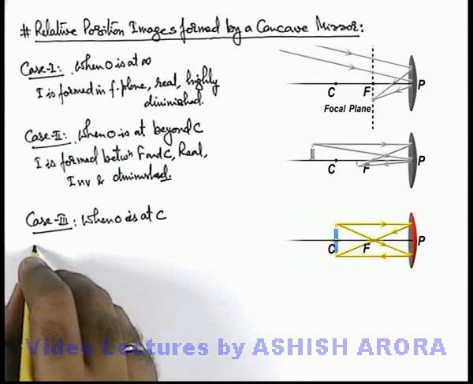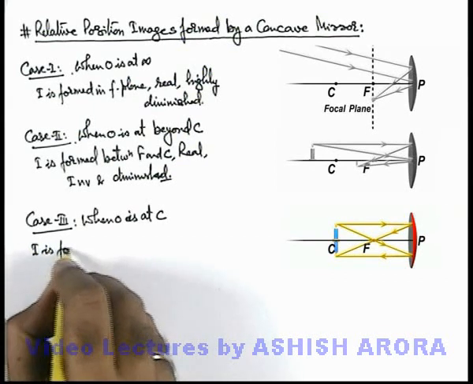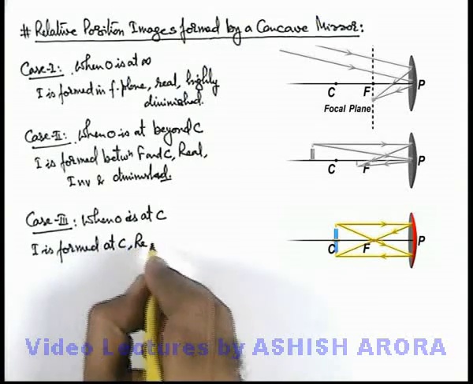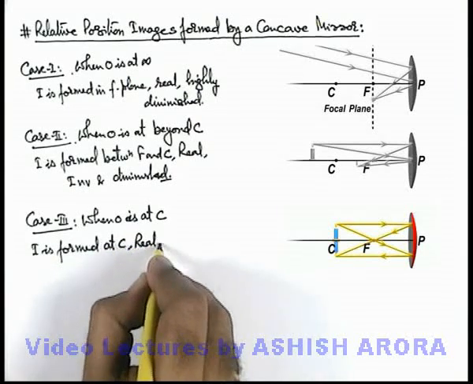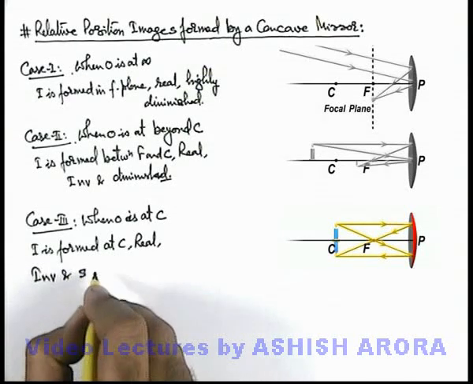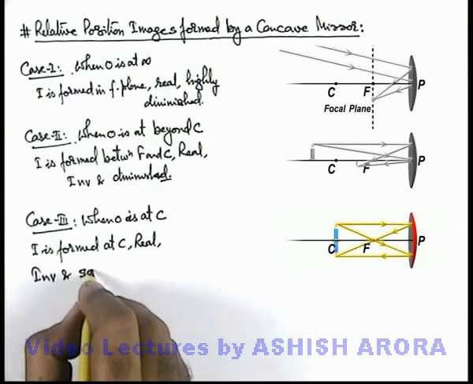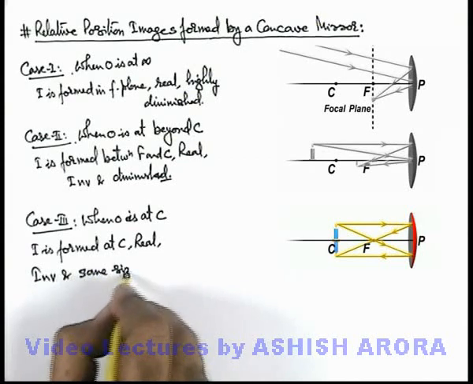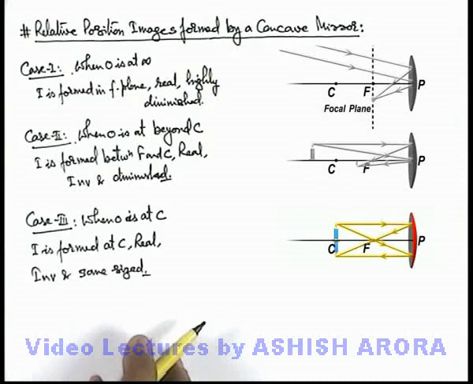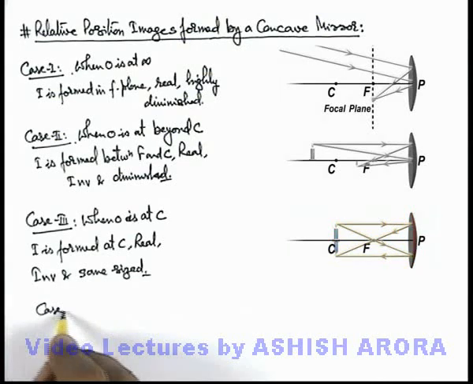So here we can write that the image is formed at C due to converging reflected rays. It is real, it is inverted, and it is the same size, because in this situation by geometry we can prove very easily, by similarity of triangles, that the size of the image obtained will be the same. We can prove it.